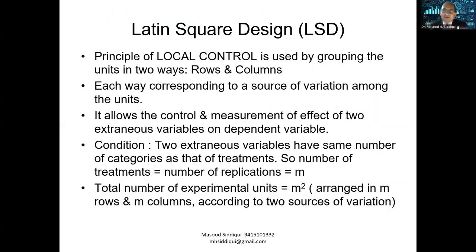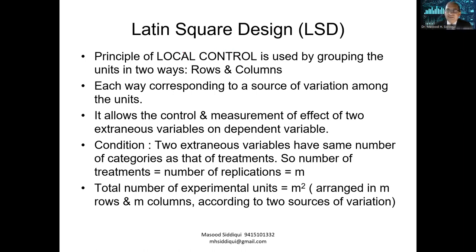Now, RBD is the most popular and most useful design, because number one, it achieves local control by creating the blocks, and otherwise also it is free, so we can have any number of replications. That's why it is the most popular design. Now we are going to cover the third research design, the Latin square design.